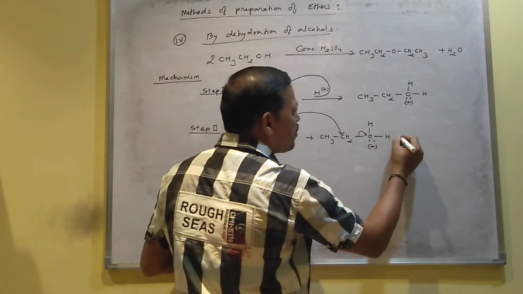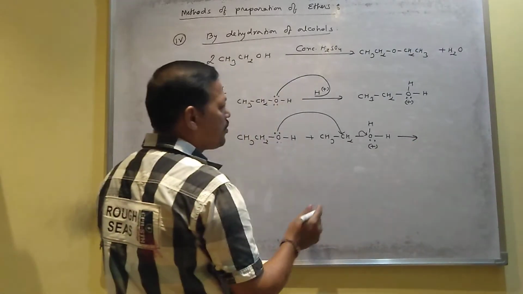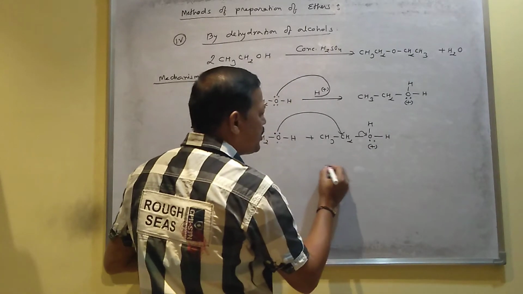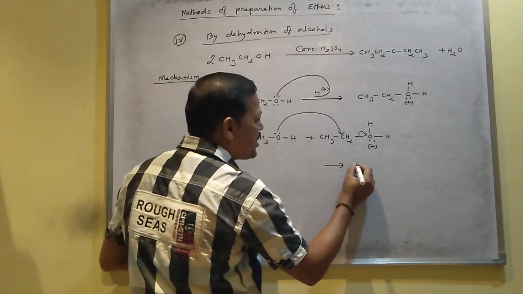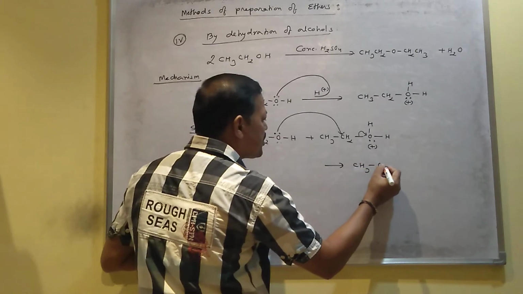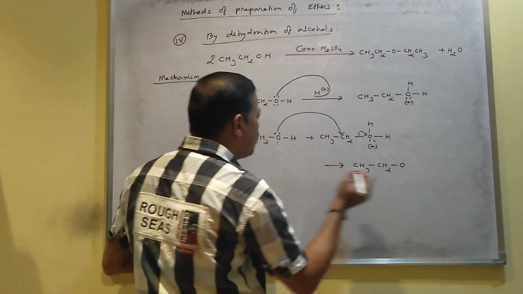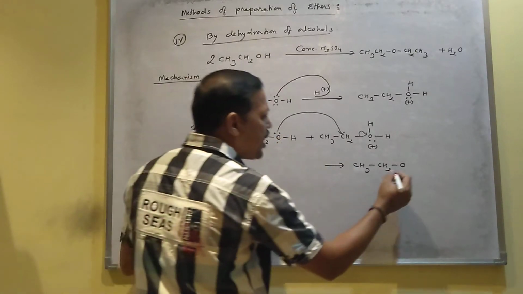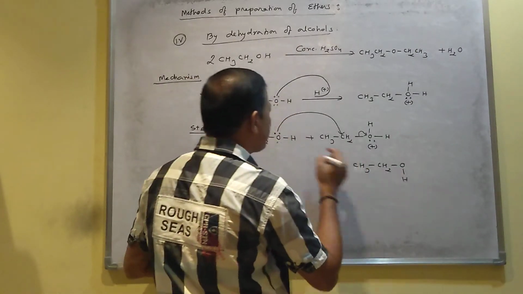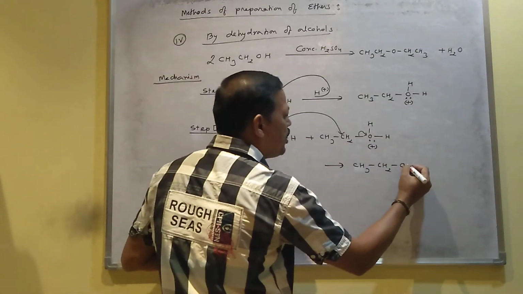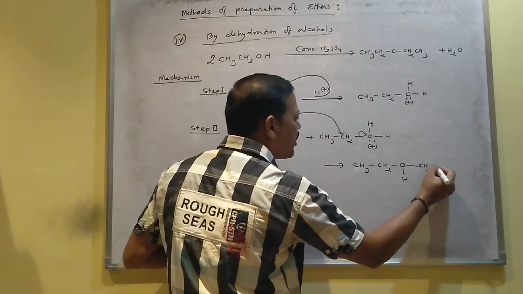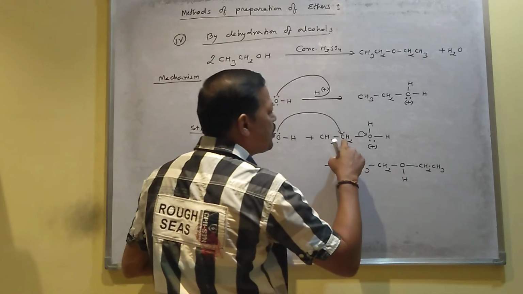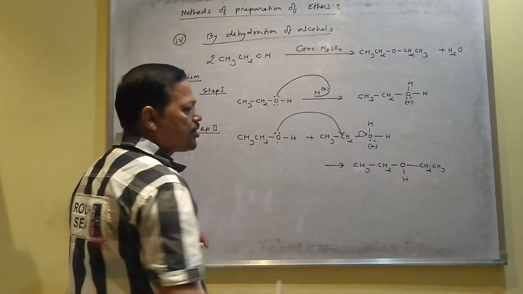So after this I will write here CH3CH2O, O contains one hydrogen, I will write hydrogen here, and this one will join with this carbon, CH3CH2CH3.